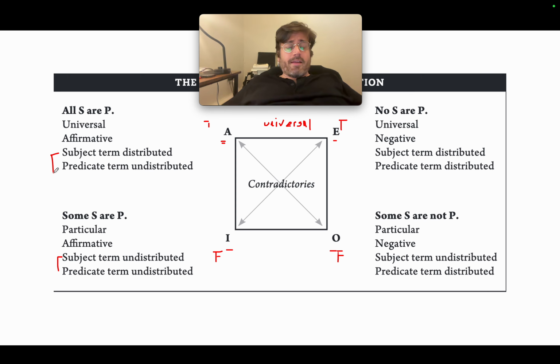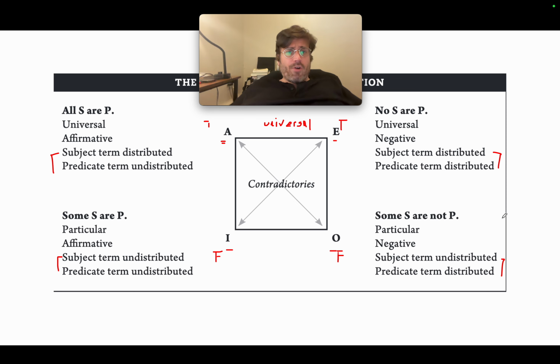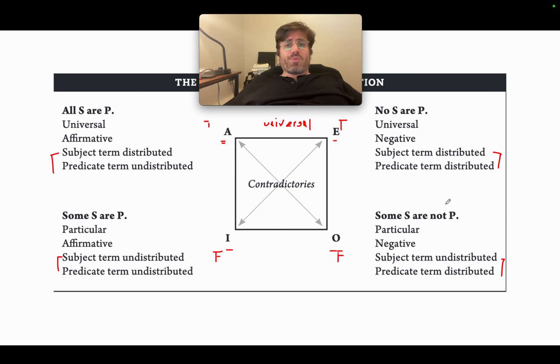This is just repeating that information we went over about whether or not the subject and predicate terms are distributed or undistributed, depending on the category of proposition. All right, this map has a lot of information here. I just want you to have a sense for the square and the relationship of contradiction for now.